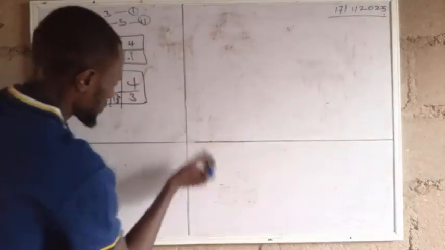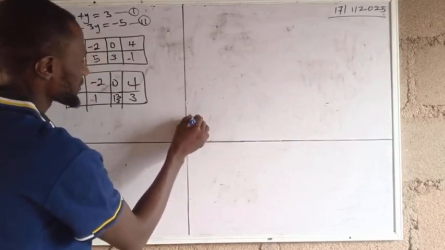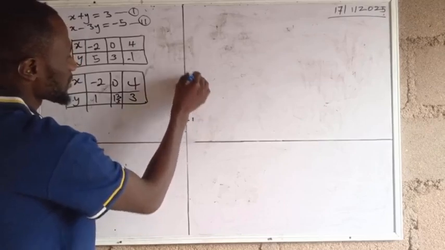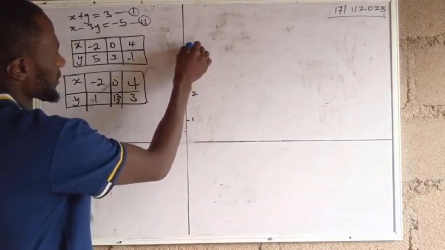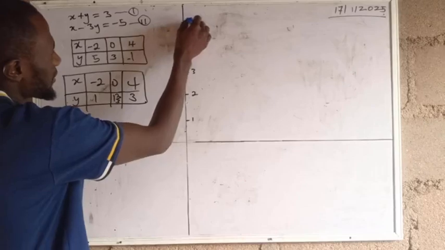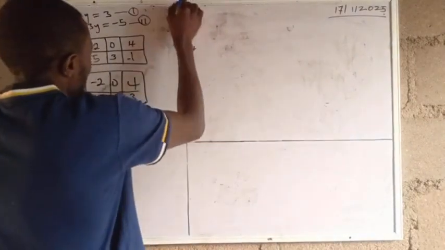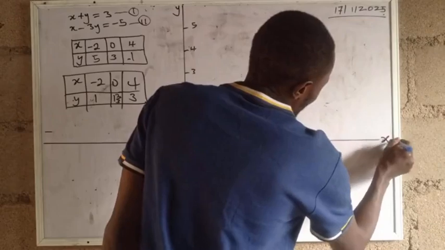Let us do the rough estimates. As in here we have 1, here we have 2, here we have 3, here we have 4, here we have 5. And that is our y-axis, x-axis. See?